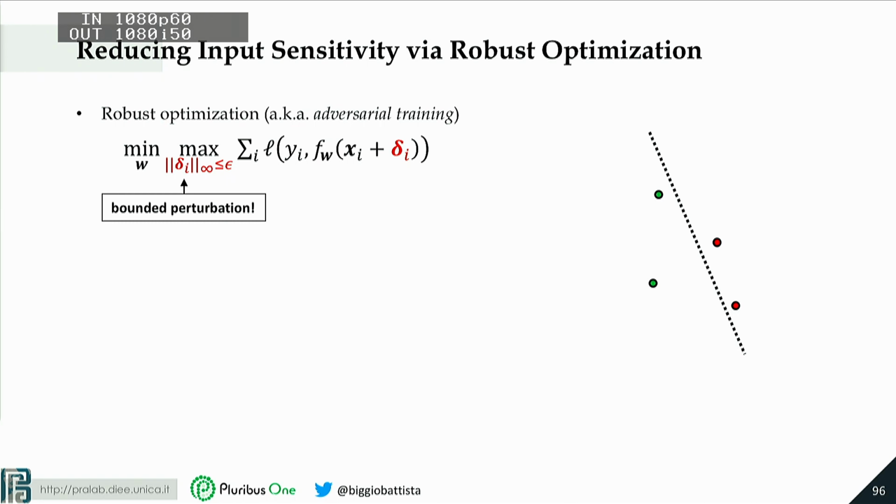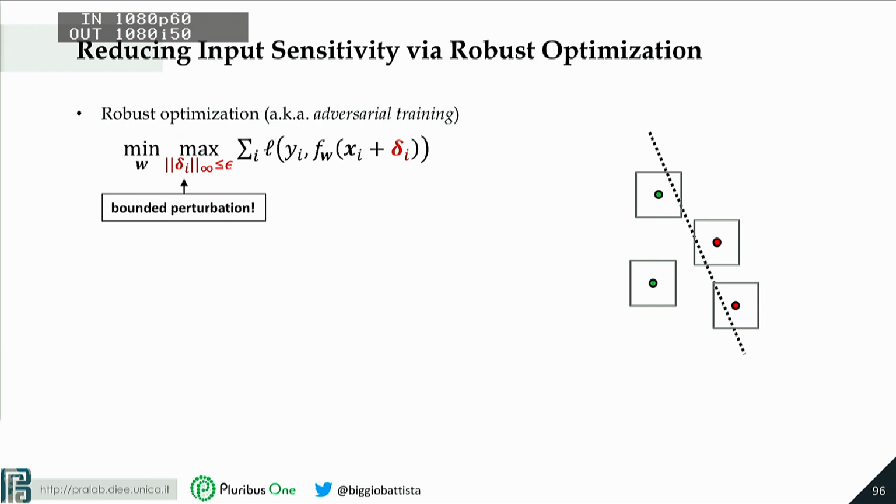Now, with the inner loop, we assume that these data points can be perturbed by some delta, and this delta is constrained to be in some region of the space. If you set a bound on the max norm of the perturbation, you are basically plotting a hypercube on each data point, and the attacker can shift the point within this domain, within the hypercube.